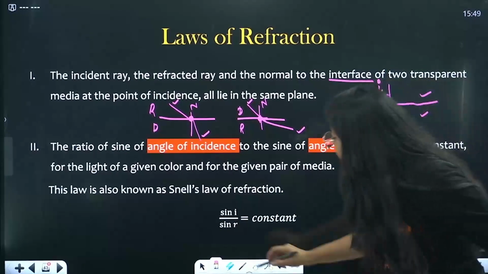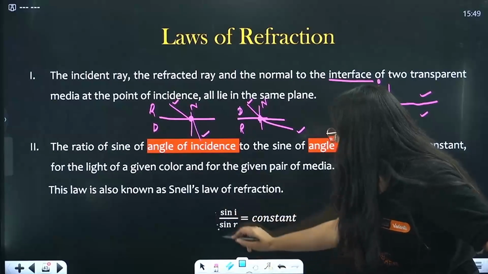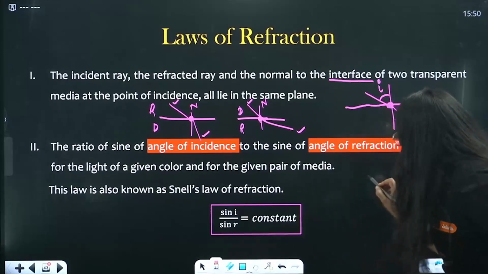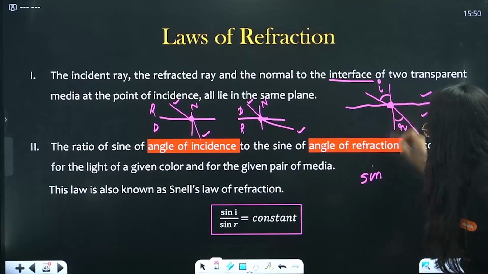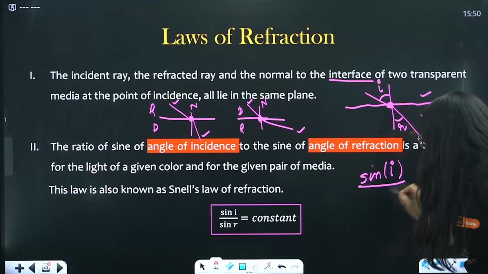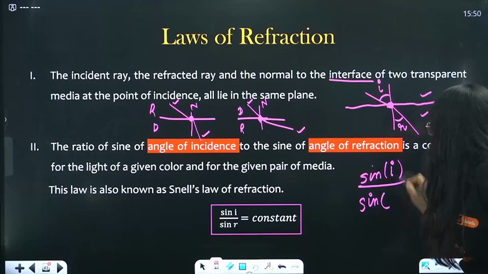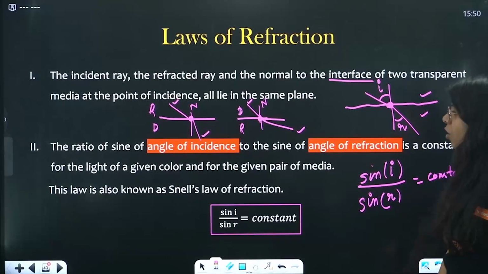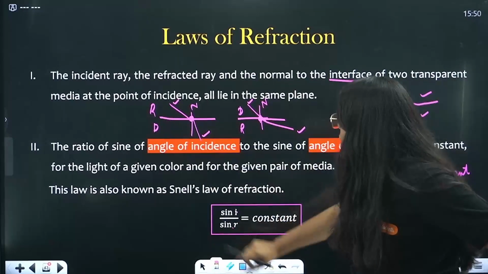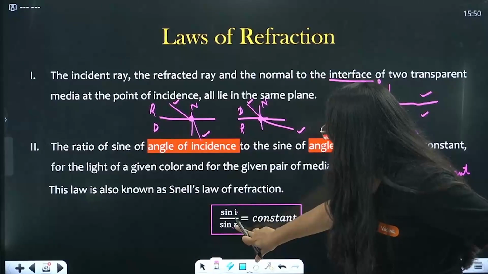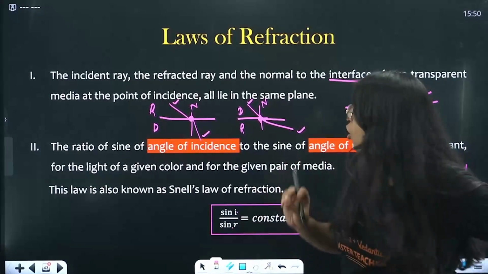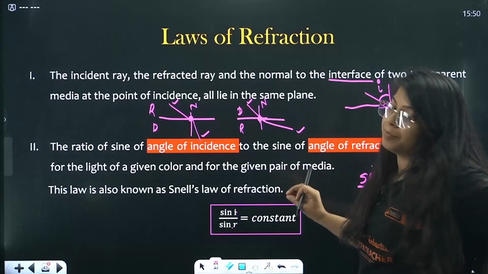It is this particular relation: sine of this angle of incidence divided by sine of this angle of refraction is equal to a constant. The ratio of the sine of the angle of incidence to the sine of the angle of refraction is a constant for light of a given color and for a given pair of media.